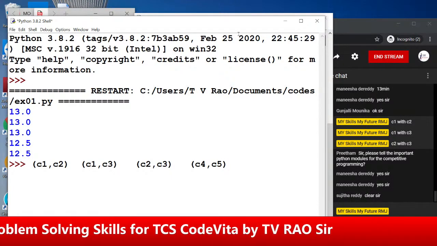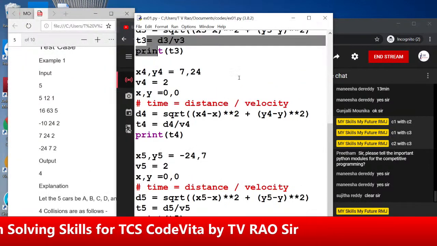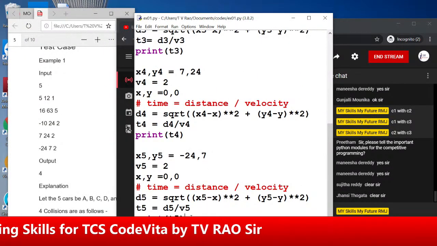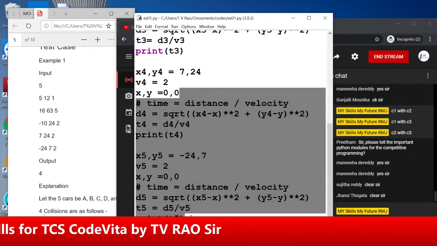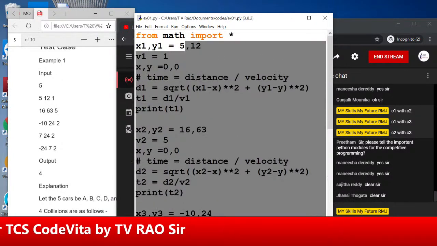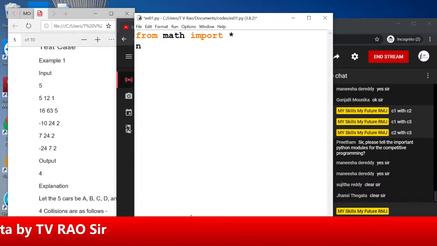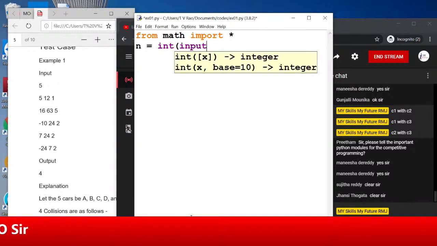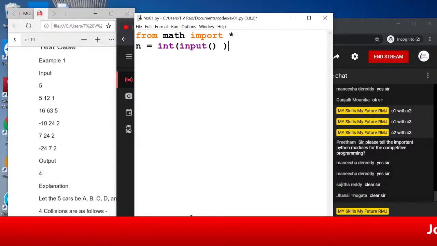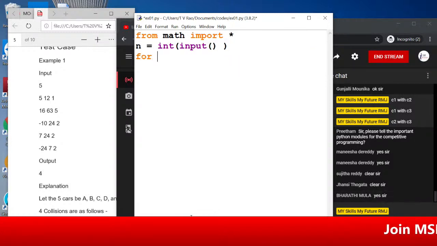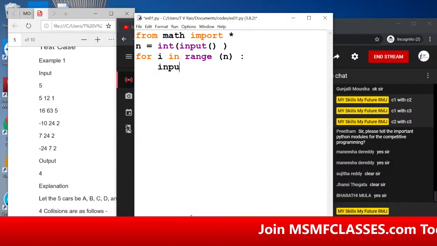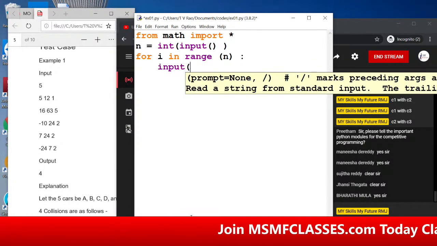Now how to write a single program for this? First, read the number of cars. Then for car number 1 to car number n, read 3 values.